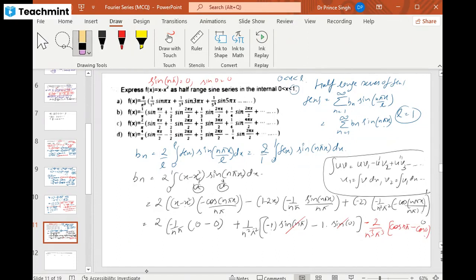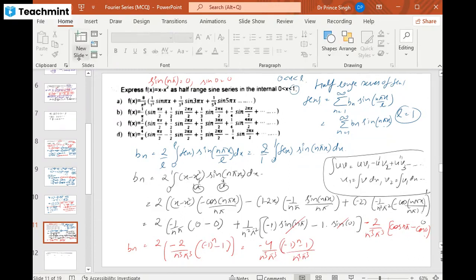We are left with Bn as 2 already outside. It is minus 2 upon n cube pi cube times cos n pi. This is minus 1 raised to power n. Cos 0 is 1. So this is minus 4 upon n cube pi cube times minus 1 raised to power n minus 1 upon n cube pi cube. This is the value of Bn.